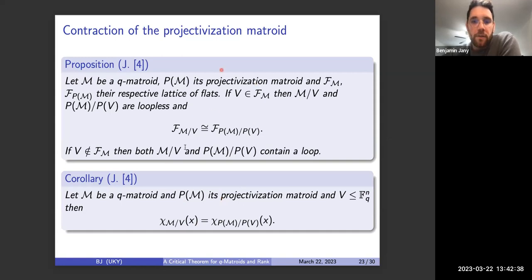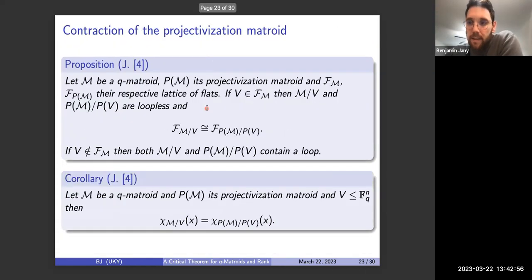Okay, so this structural result really allows us to establish this property regarding the characteristic polynomial under contraction. Okay, so we know this behaves well under contraction.